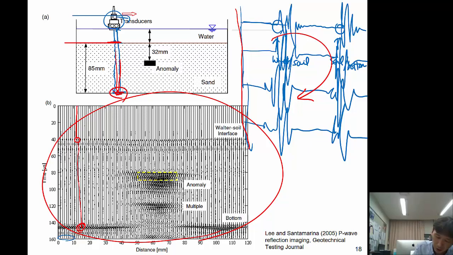And as you move along the x-axis, horizontally, let's say that you inserted some anomaly, then for the P wave there will be another reflection at the top of the anomaly, the interface between the sand and anomaly. So using this reflection method, you can detect the location of the anomaly.